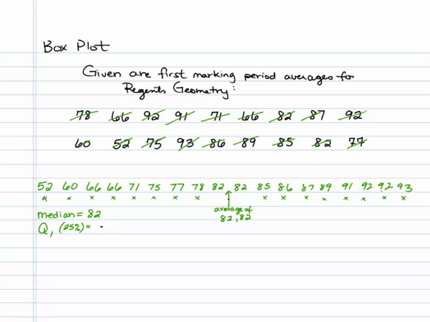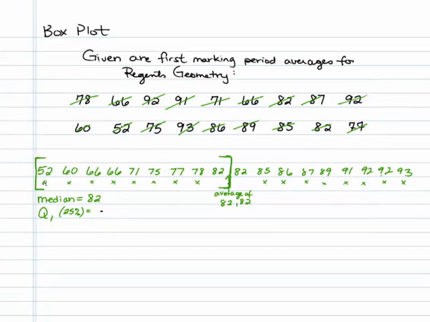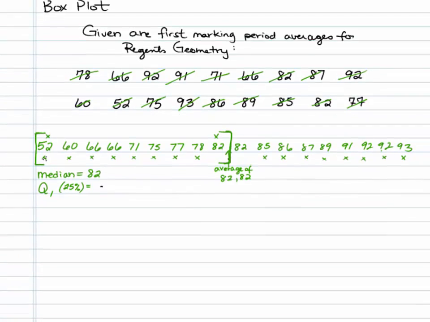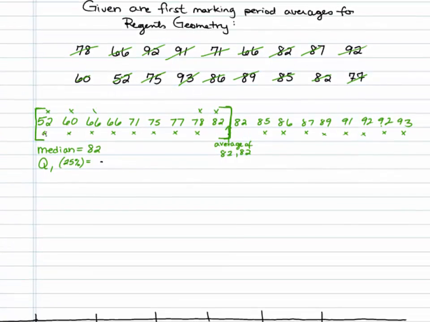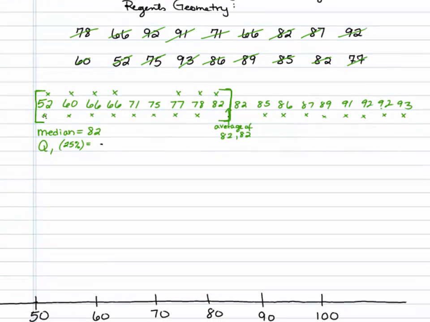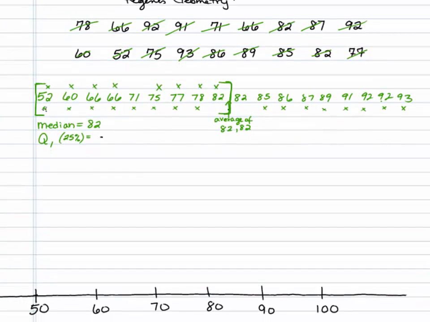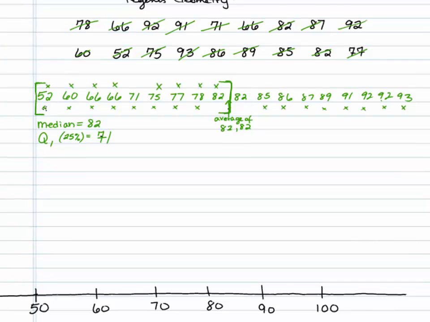So what we want to do is we want to say, okay, this is where our median lies. Then the first 25% is going to lie in the middle between these lower numbers. So again, I'm going to find the median, except I'm going to use the lower numbers only. 60 and 78 I'm going to cross out. So 71 is my first quarter.